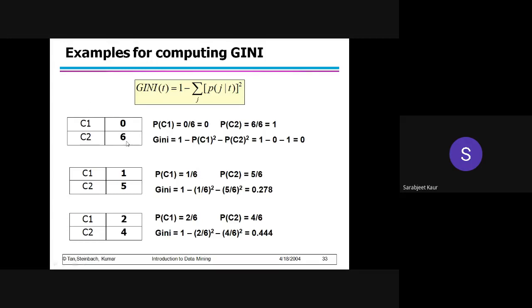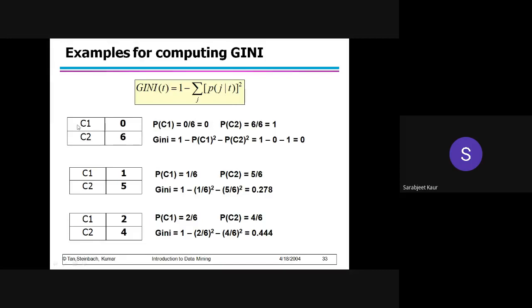So suppose we have an example where there is a node which has two classes, C1 and C2, and there are a total of 6 tuples, out of which 0 belong to class C1 and 6 belong to class C2. Okay, so first of all, let us see how to compute Gini for this. The formula for Gini is 1 minus the sum of the squares of the probability of a particular class at a particular node, right?